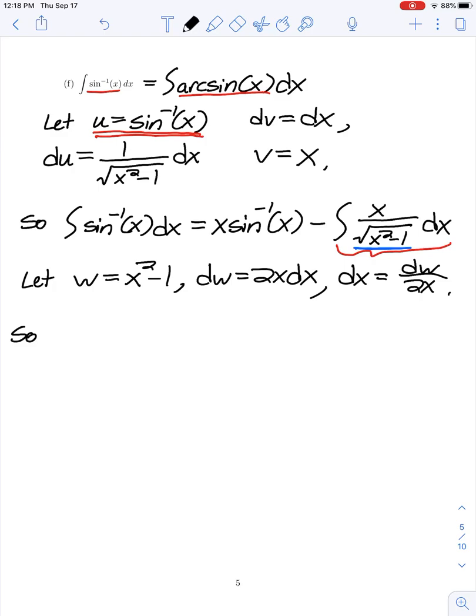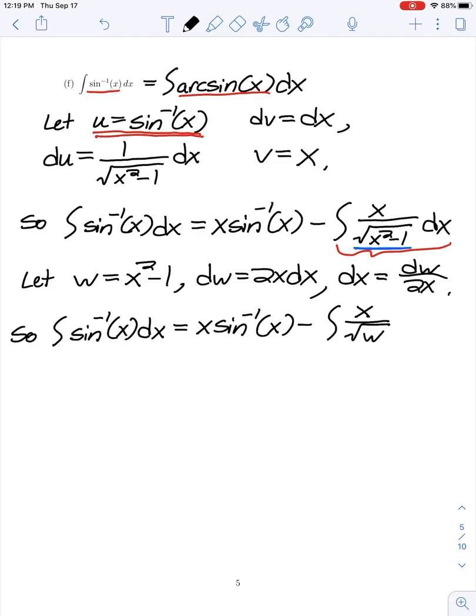So rewriting my integral in terms of w, let's see what we have. So I had the integral of arcsine of x was equal to x times arcsine of x minus the integral of x divided by the square root of what we called w times dx, which we found to be dw over 2x.